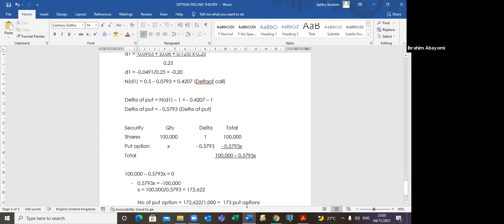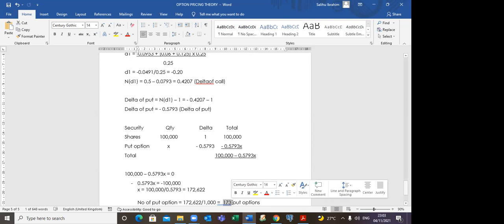so how do I know whether I'm to buy or to sell? If your figure here is negative, it means you have to sell. If it is positive, you have to buy. Positive means buy, negative means sell.